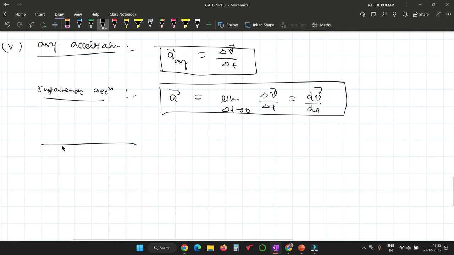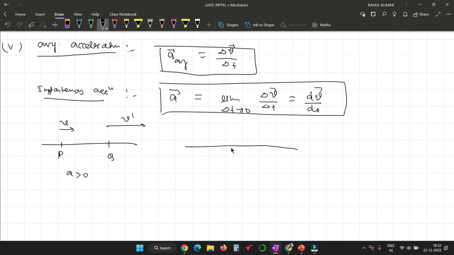Suppose the position of the particle is at point P and Q, and the velocity at P is V, and the velocity at point Q is V dash. Then in this case the acceleration will be positive, because the length of the vector is larger, which means V dash is larger than V, so that's why A will be positive.